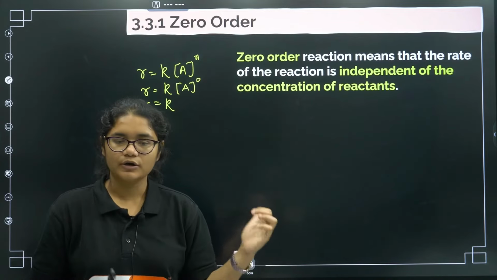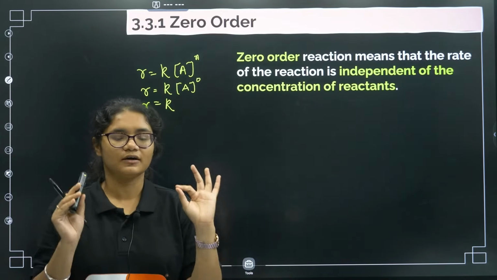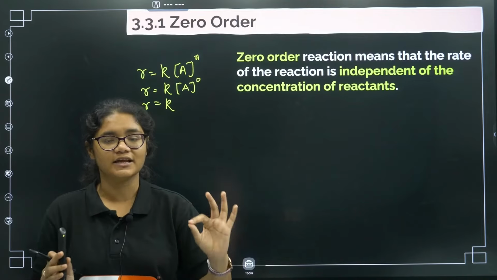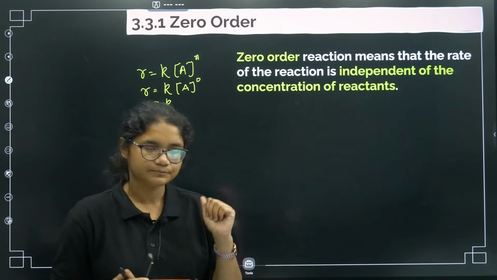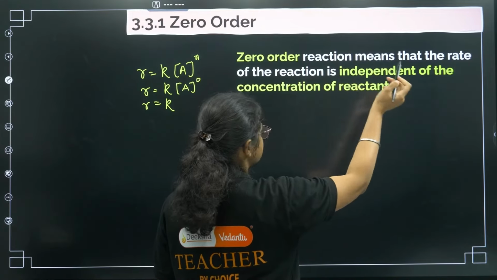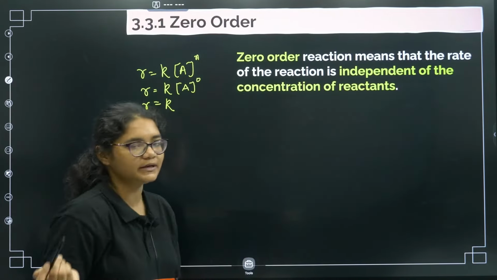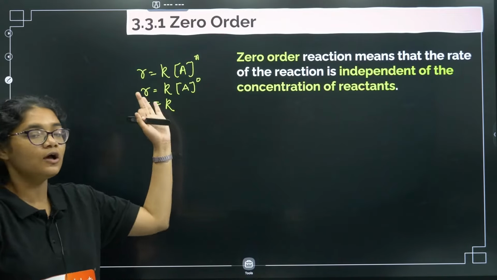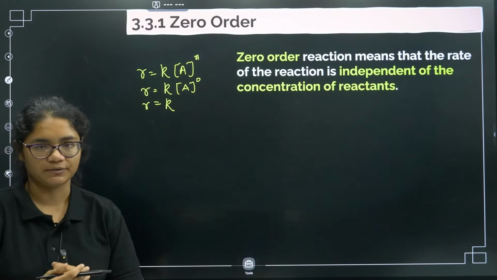For a zero order reaction, the rate is not affected by the change in concentration. Zero order reaction means that the rate of the reaction is independent of the concentration of the reactants. It doesn't depend. You can prove that from this expression.